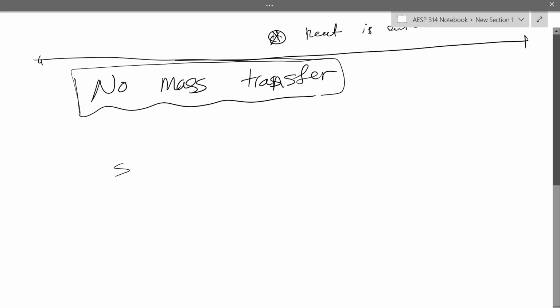And just to make sure we are clear, system, surrounding. So surrounding refers to the environment around the system, right? Or we actually call it the environment as well. So there is no mass transfer between the system and the surrounding. That's the main property of the system. Okay?